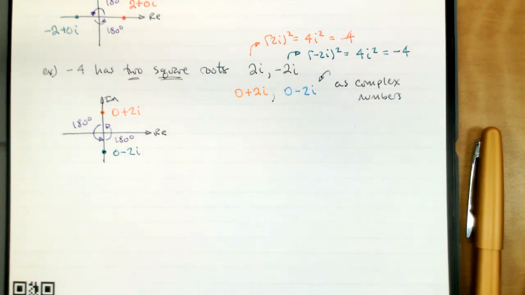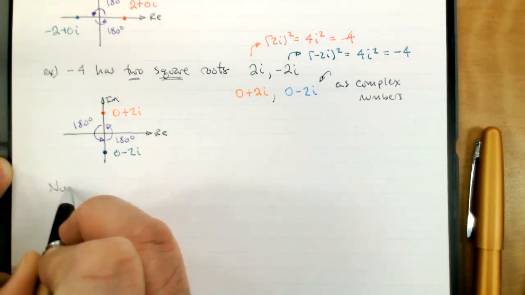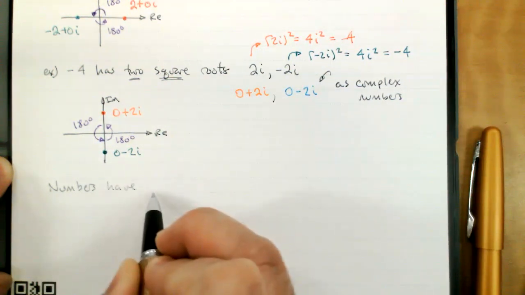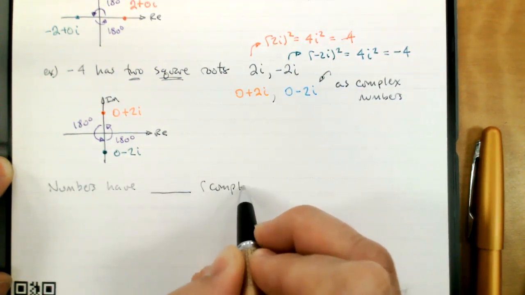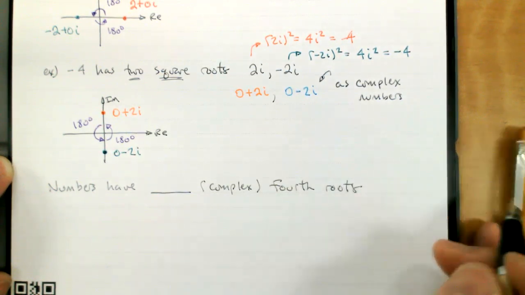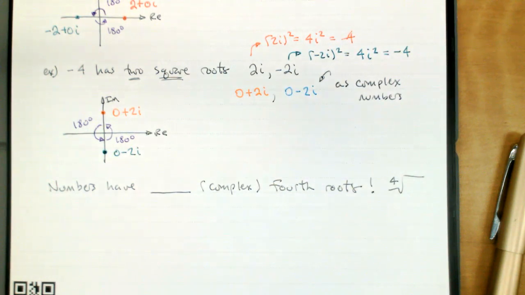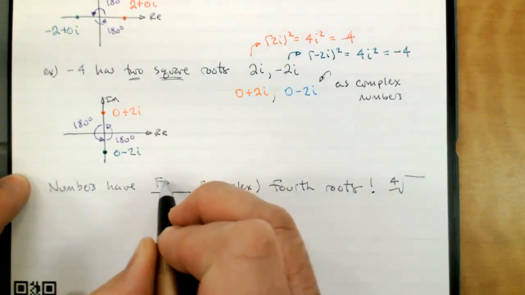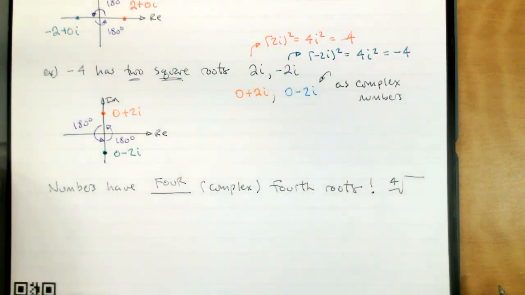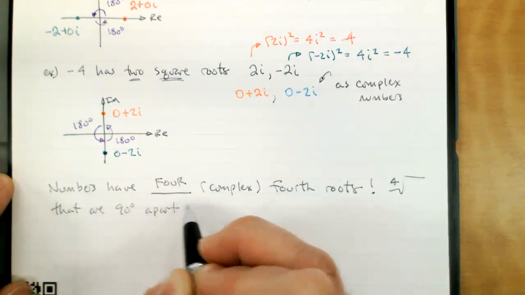I'm going to double up again and go up to fourth roots. So if we think about fourth roots, numbers will have 4 complex fourth roots that are 90 degrees apart in the complex plane.